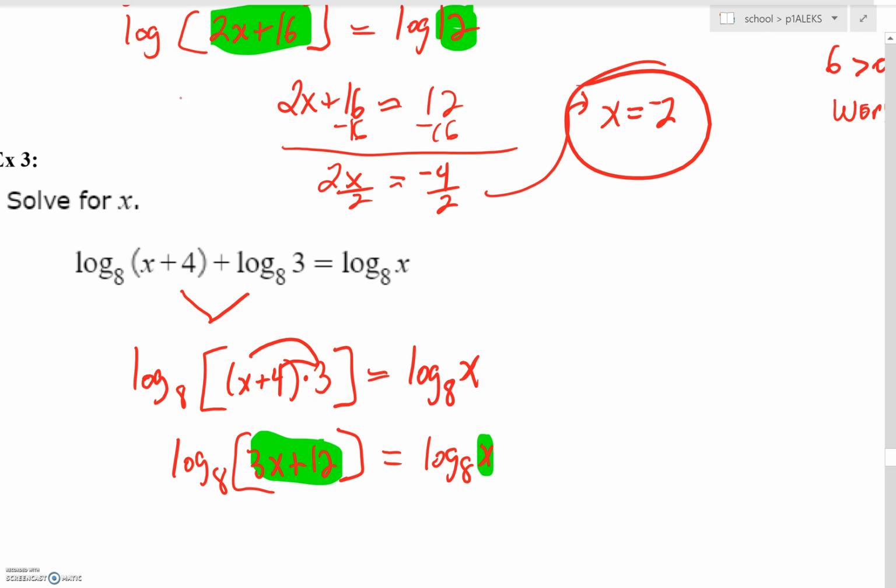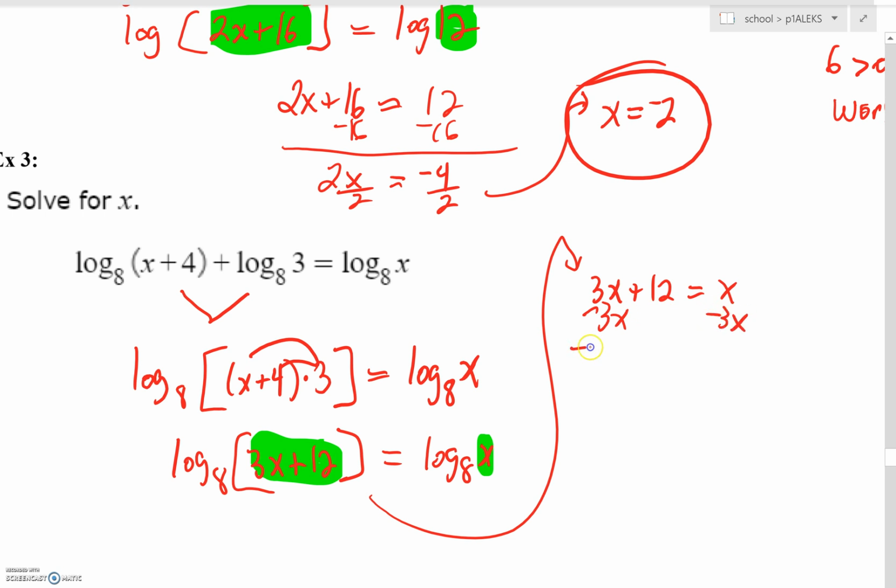So we can say, if we brought this back up here, 3x plus 12 would have to equal x. So I'm going to minus a 3x. Normally I get rid of the small x, but it's easier to do it this way because we already have a 12 here. And if I divide by negative 2, 12 divided by negative 2 is actually negative 6.